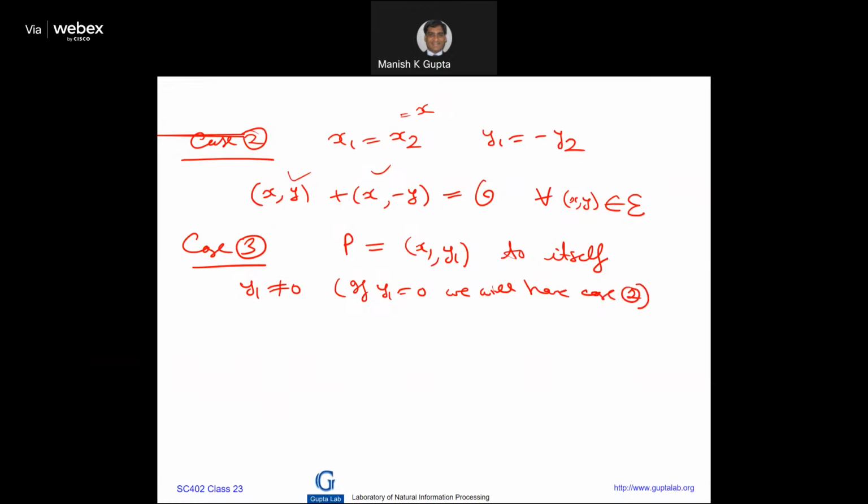So without loss of generality, we can assume y1 is not equal to 0. Now this case is similar to case 1, except that line L is tangent to elliptic curve at the point P.